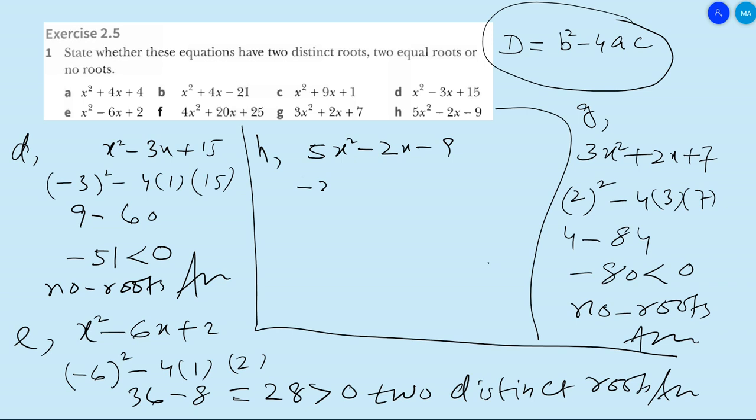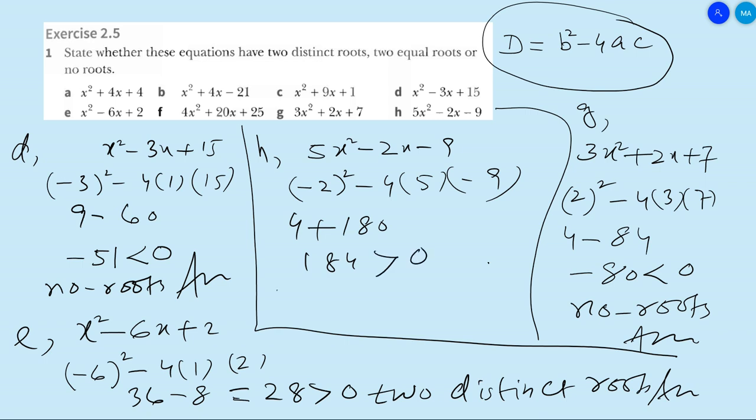So b is minus 2, b square minus 4ac, a is 5, and c is minus 9. 2 square, minus negative square is always positive. Minus minus plus, 4 fives are 20, and 20 times 9 is 180. 180 plus 4 is 184, which is greater than 0. Then we have two distinct roots. This is the answer of part H.